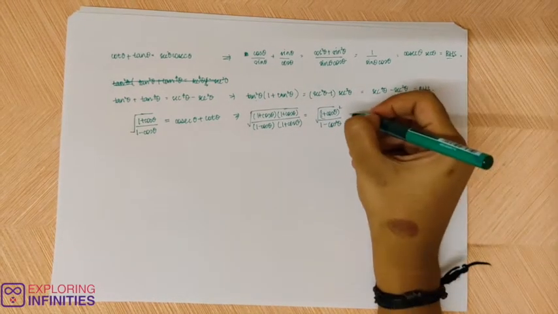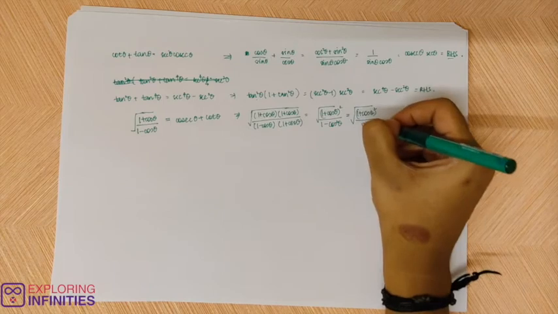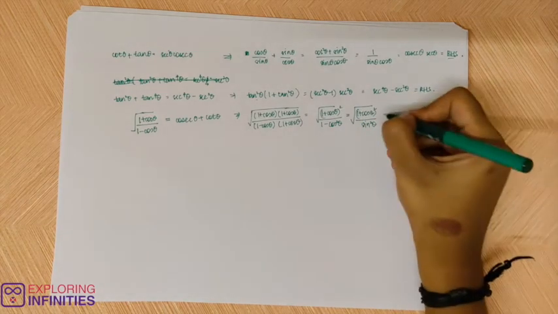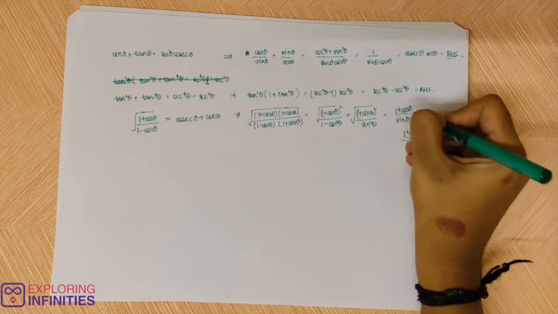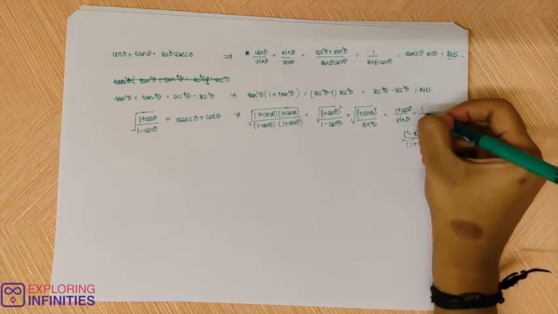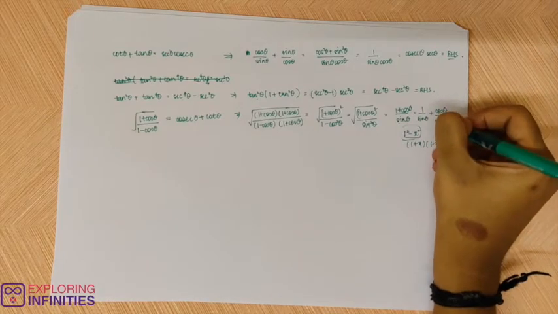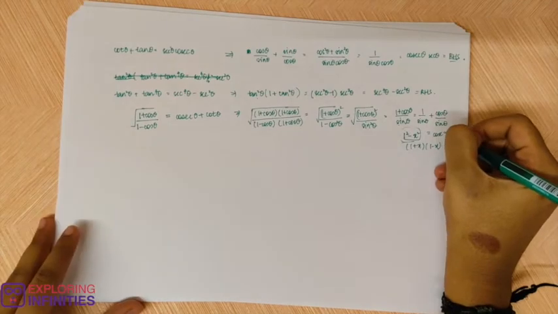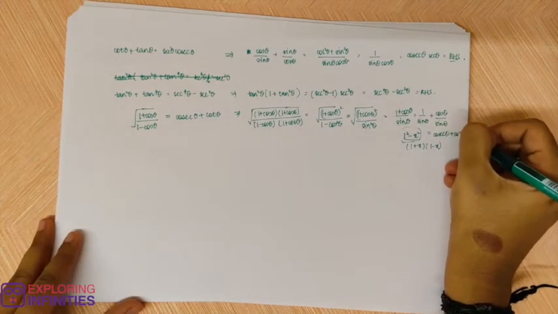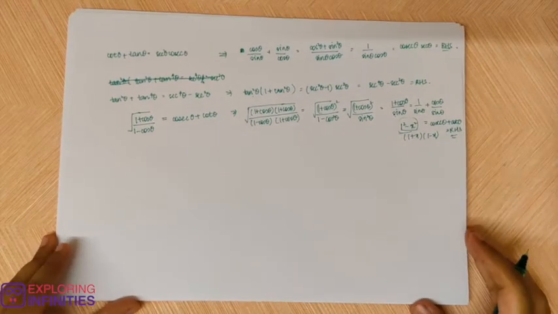Sin square theta. So that will be root of (1 plus cos theta) whole square by sin square theta. Root of that will be 1 plus cos theta by sin theta. So that can be written as 1 by sin theta plus cos theta by sin theta. So that is obviously cosecant theta plus cot theta. So that is RHS. Okay.